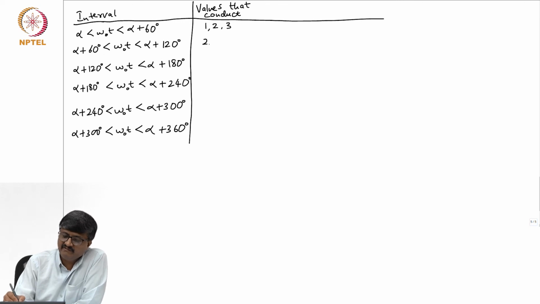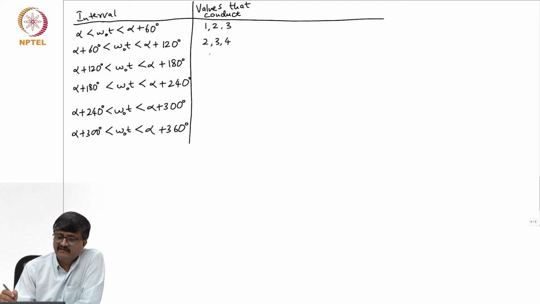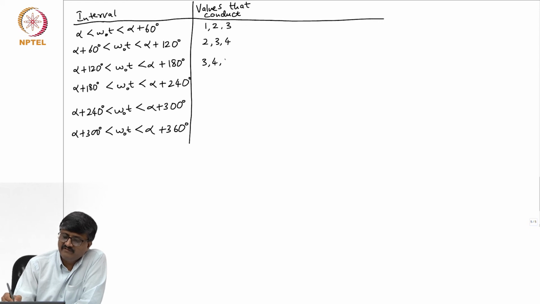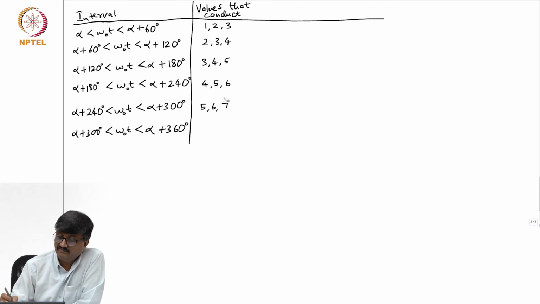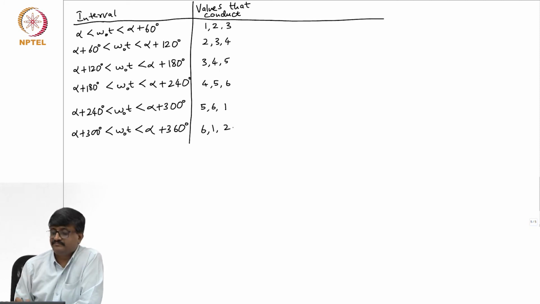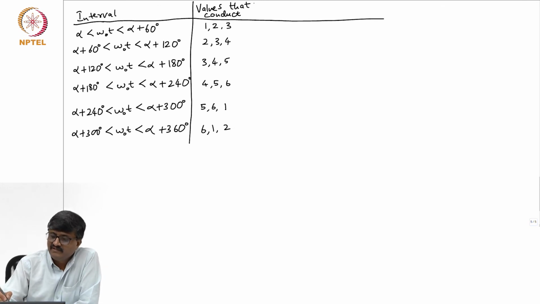In the second interval, 2, 3, 4. So in the second interval, actually 1 has stopped conducting and 4 has started conducting. Then 3, 4, 5. 4, 5, 6. Then 5, 6, 1. Then 6, 1, 2. Then the cycle repeats.